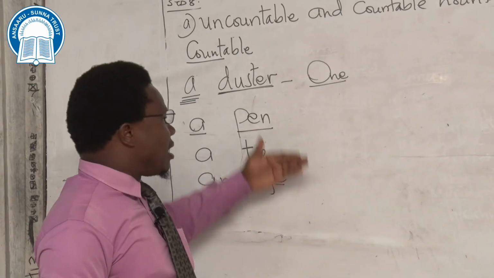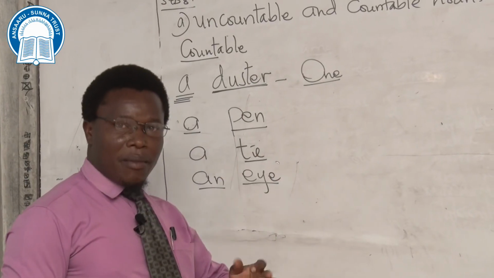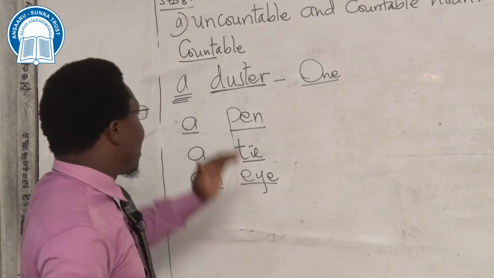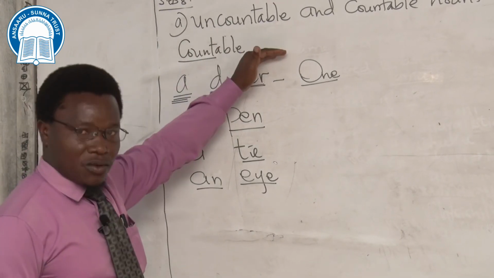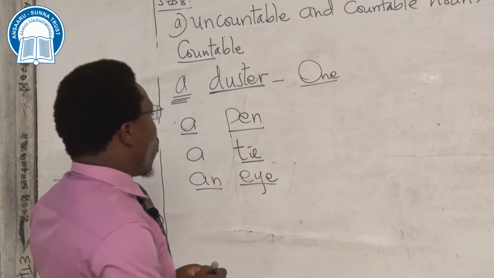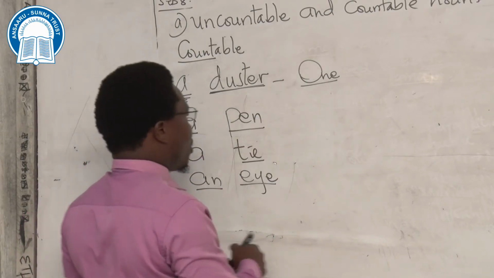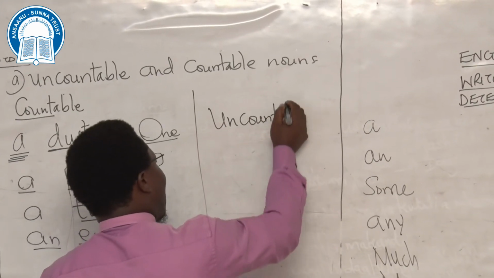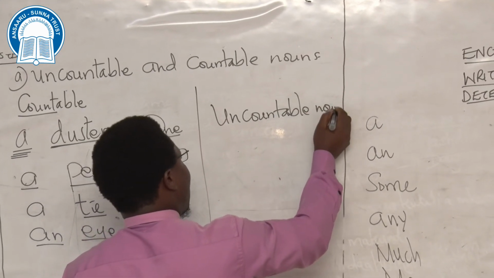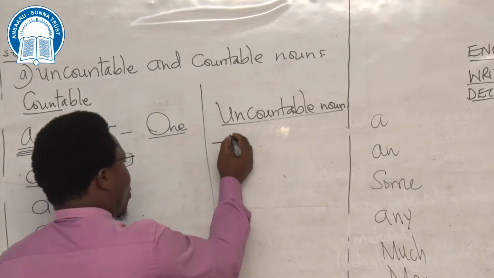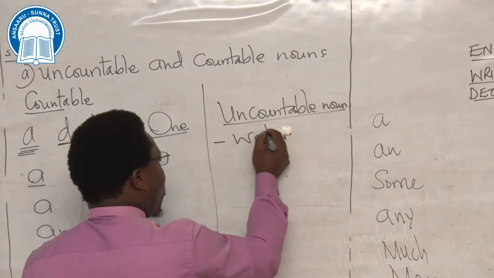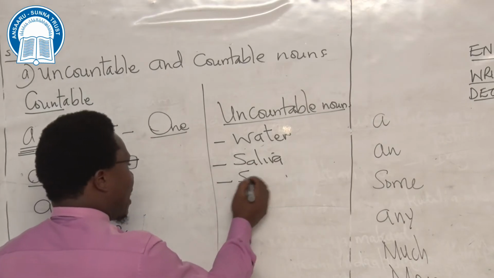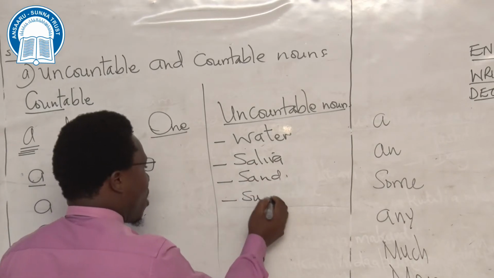Objects that one is able to count and come up with a specific number are collectively referred to as countable nouns. However, with uncountable nouns, one is unable to count and come up with a specific number. It is quite unfortunate that we are not able to count water. We can't count saliva. We can't count sand. We can't count sugar.